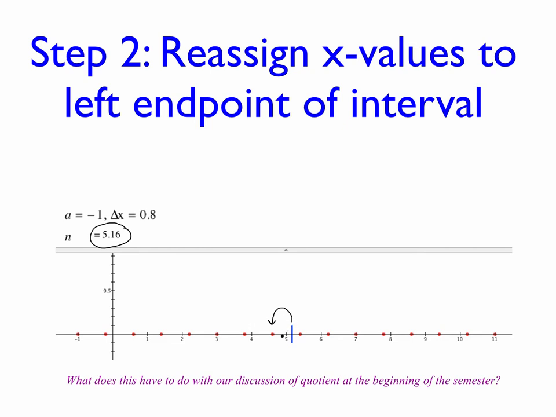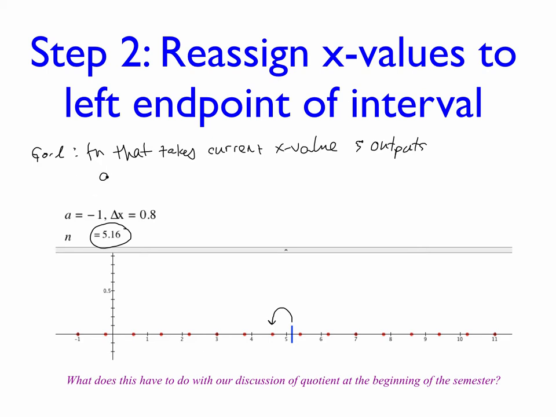Anytime I can give you something and get something spit back out, what type of thing am I trying to define? A function. So at the moment, my goal is a function that takes a current x value and outputs another x value, but a very special x value.